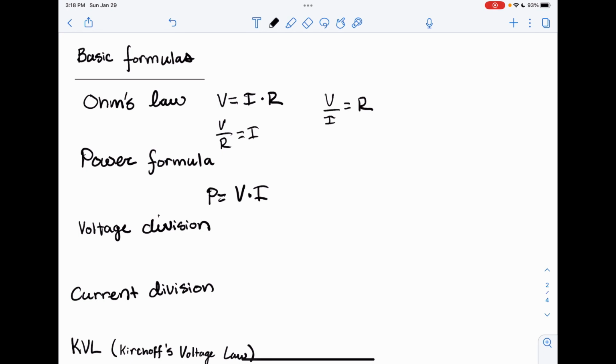But if we have voltage times current, then we have joules per coulomb times coulombs per second. And as you can see, those two coulombs will cancel out, and you get joules per second, also known as watts. We will be using watts explicitly in our lecture series here.